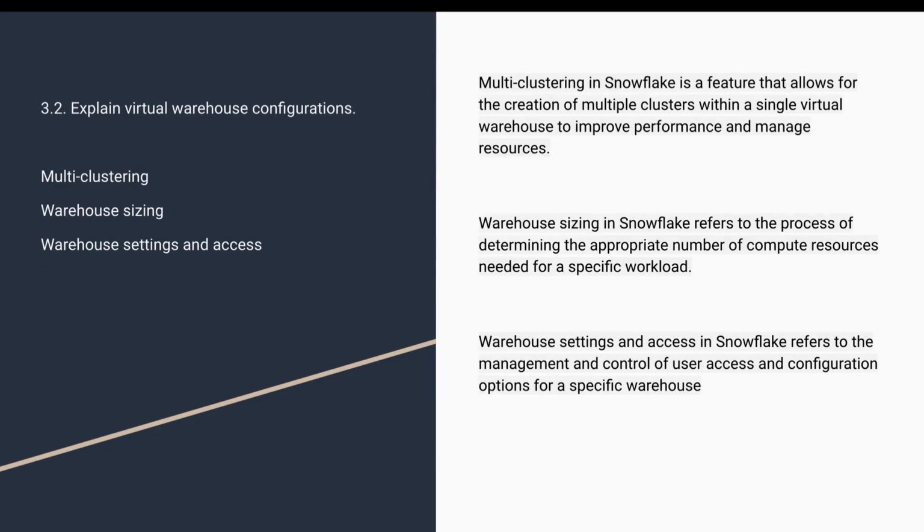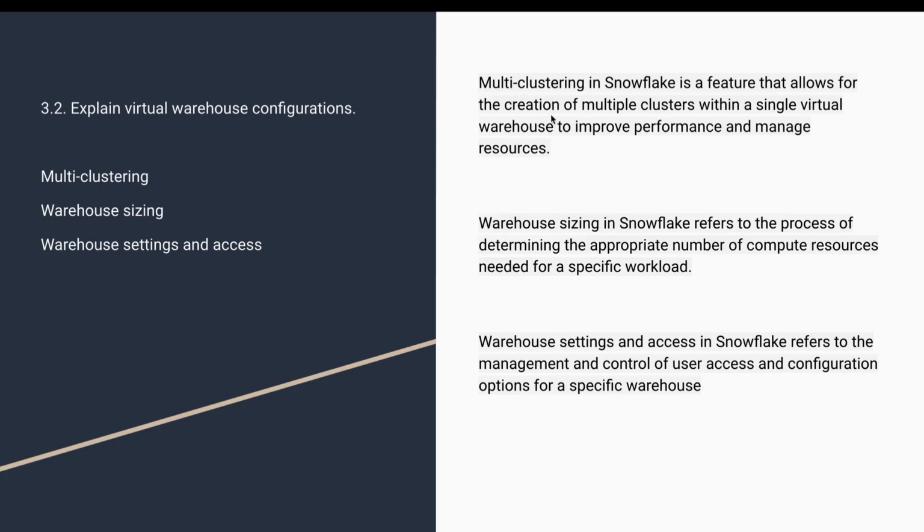The second point is about the virtual warehouse configurations. Okay, so what are all the configurations? Multi-clustering, warehouse sizing, and warehouse settings and access. So what is multi-clustering? Multi-clustering in Snowflake is a feature that allows for the creation of multiple clusters within a single virtual warehouse to improve performance and manage resources.